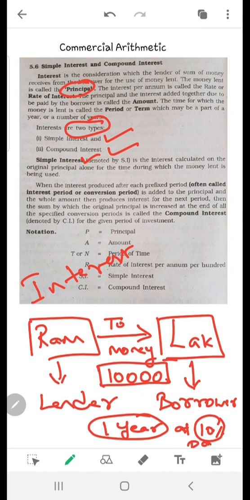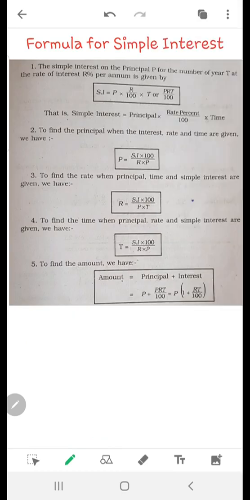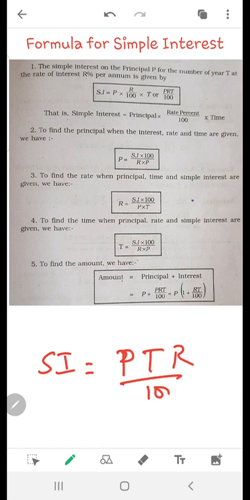So let us discuss what are the formulas we have. Coming to formulas, the simplest formula: simple interest is equal to PTR by 100, as you have shown here, PTR by 100. ನಿಮಗೆ ಅದು ಬಿಟ್ಟರೆ it might be the second, third, fourth and fifth formula. These are the formulas to find out principal or rate of interest or time.